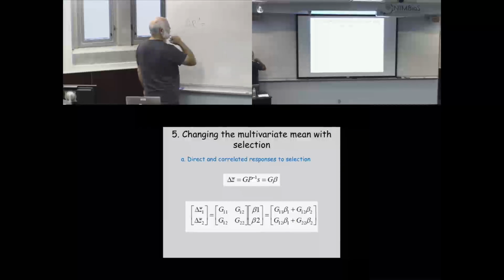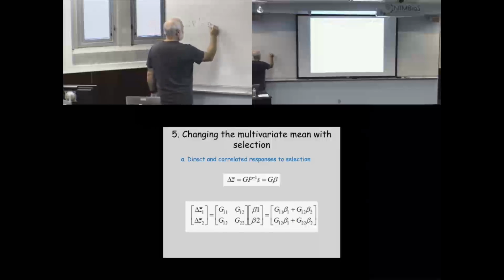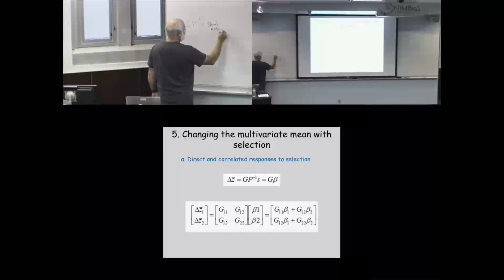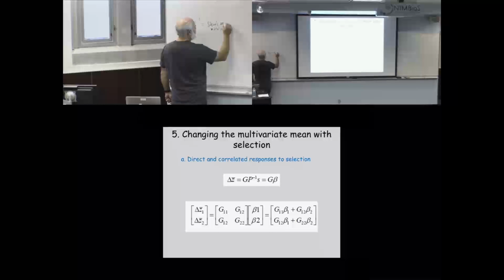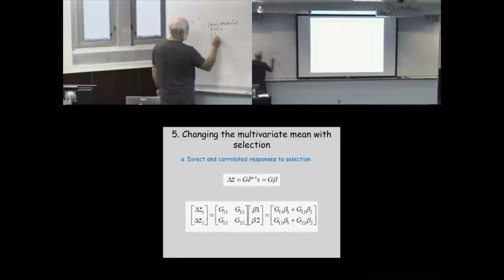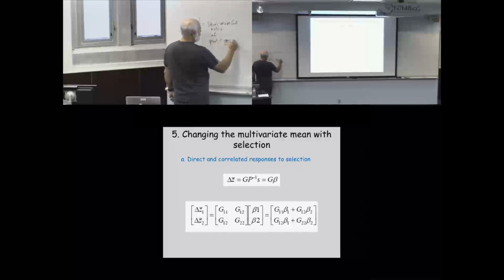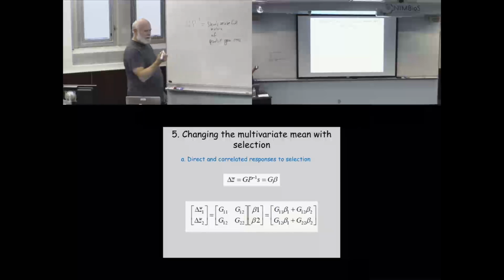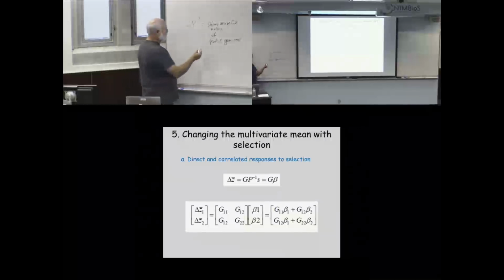We don't even have a name for this. Steve's matrix. Steve's unuseful matrix of partial... I think it's genetic correlations or regressions. I can't remember, and it doesn't matter because nobody ever uses it.